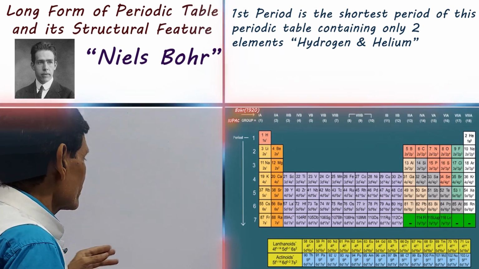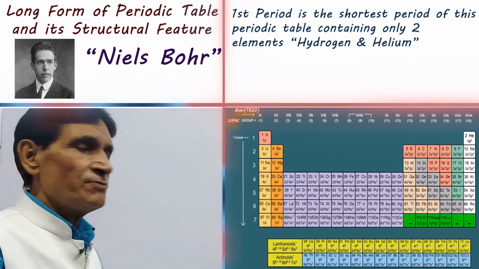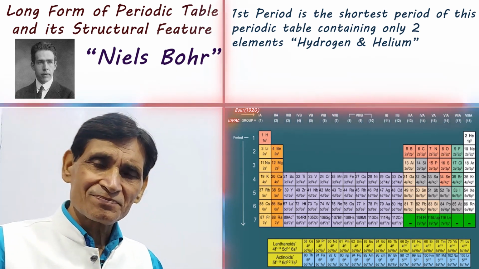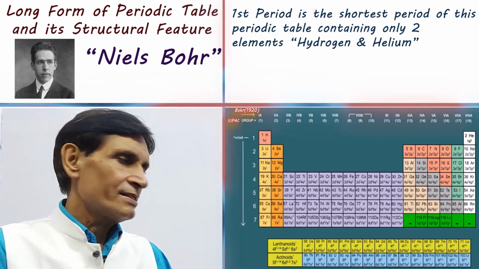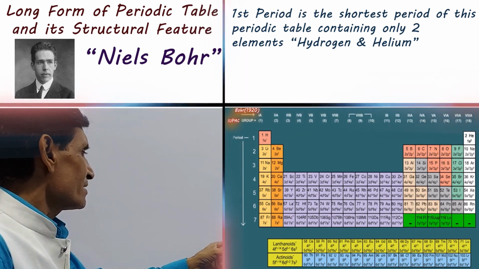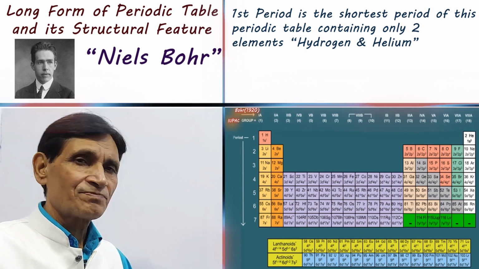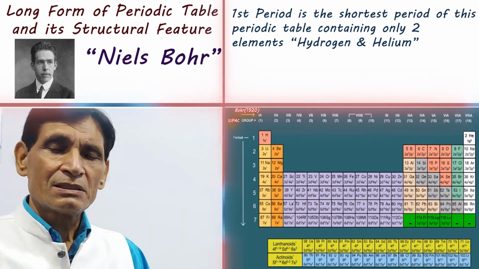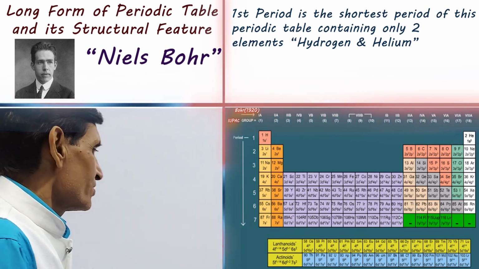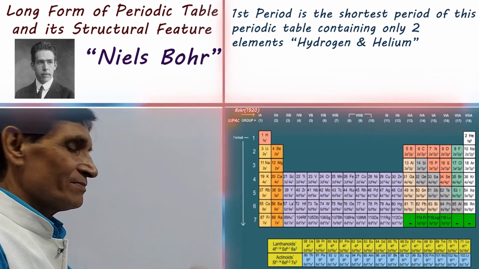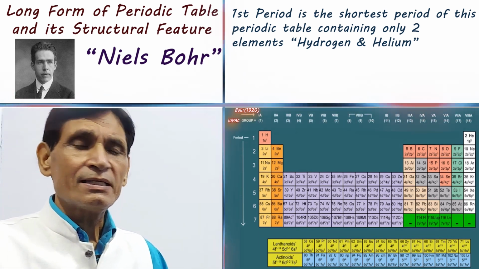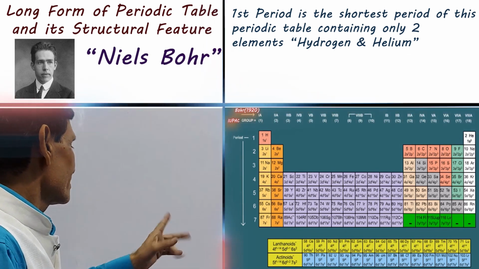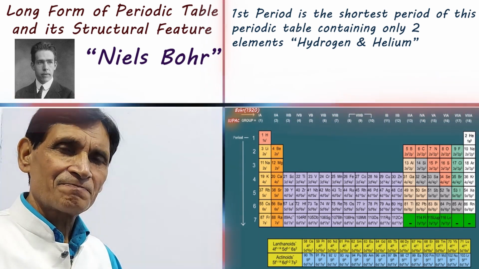Next is the fifth period. It begins with rubidium, atomic number 37, and ends with xenon, atomic number 54. Next, the sixth period begins with cesium, atomic number 55, and ends with radon, atomic number 86.